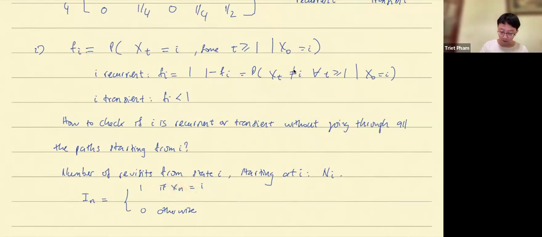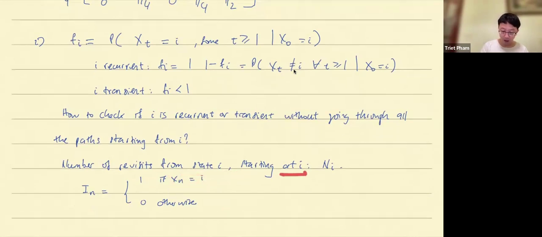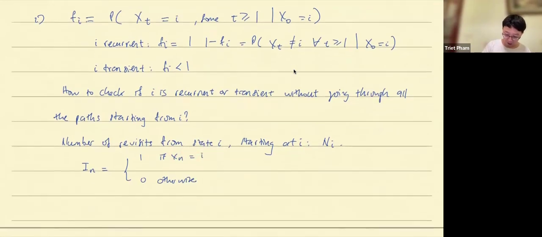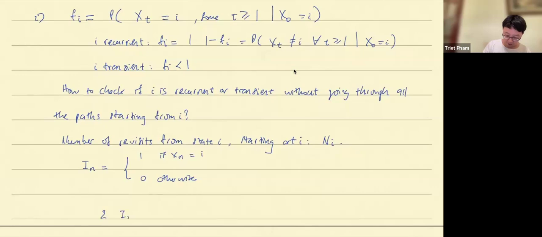So the number of visits to state i starting at i will be the sum of I sub n from n equals 0 to infinity, conditioned on x0 equals i. That's n sub i.